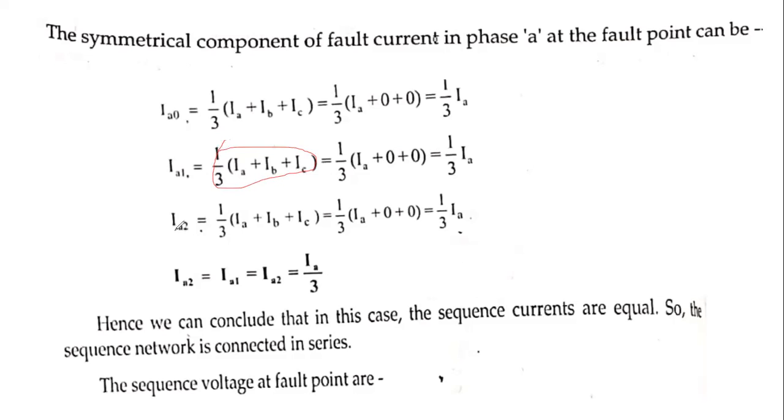Similarly, IA2, the negative sequence current, is 1 by 3 into (IA plus IB plus IC). In this case IB and IC are 0, so we obtain 1 by 3 IA. Therefore IA0 is equal to IA1 is equal to IA2, which is equal to IA by 3. All the sequence currents at phase A, zero sequence, positive sequence and negative sequence, are equal to IA by 3.